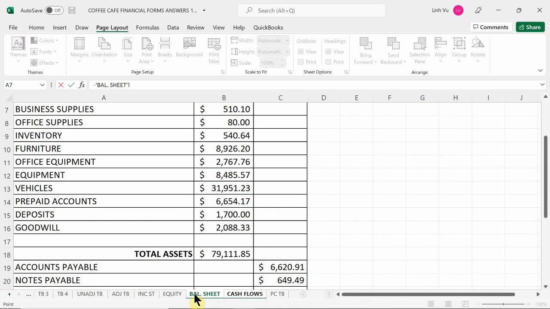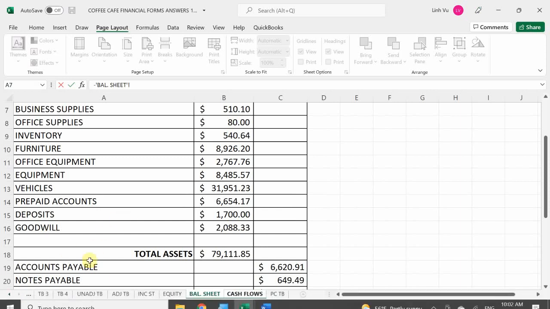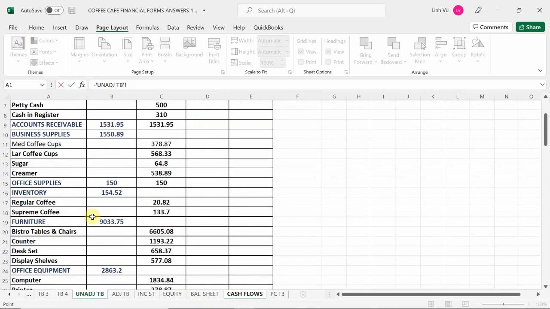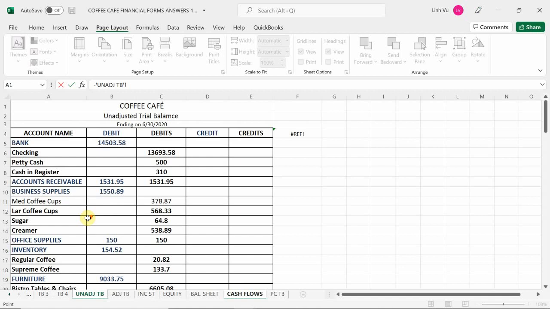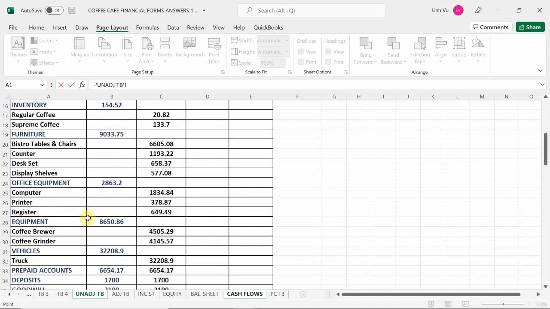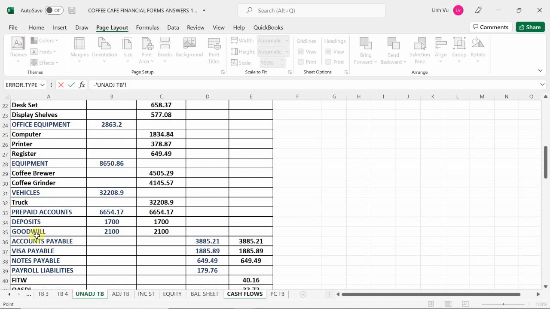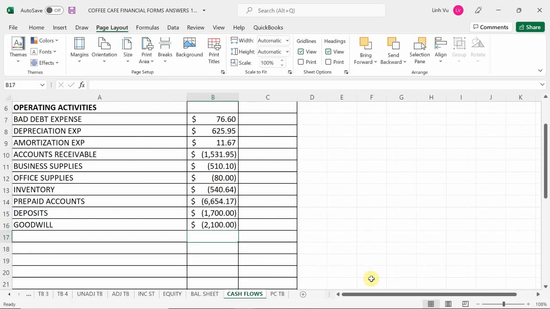We already added back the amortization from previous. We recognize this was a non-cash transaction. So how much money did I actually spend to purchase goodwill? I would have to go to my unadjusted trial balance to figure that number out. My goodwill before the amortization was a total of 2,100. Okay?